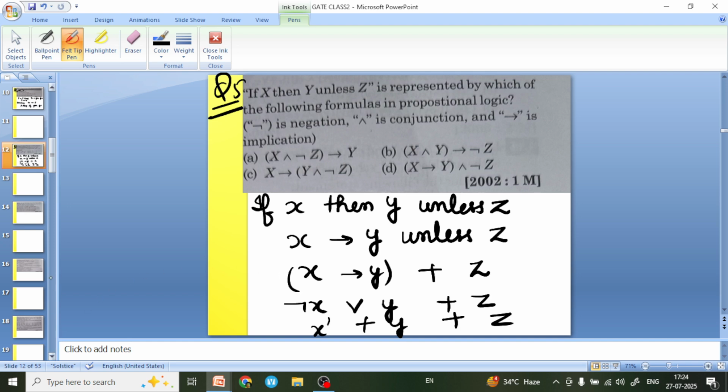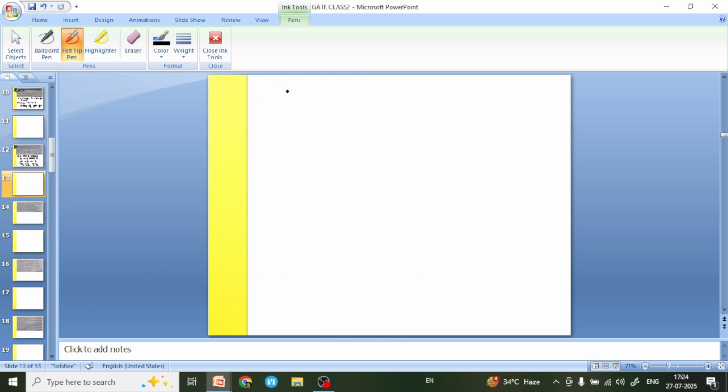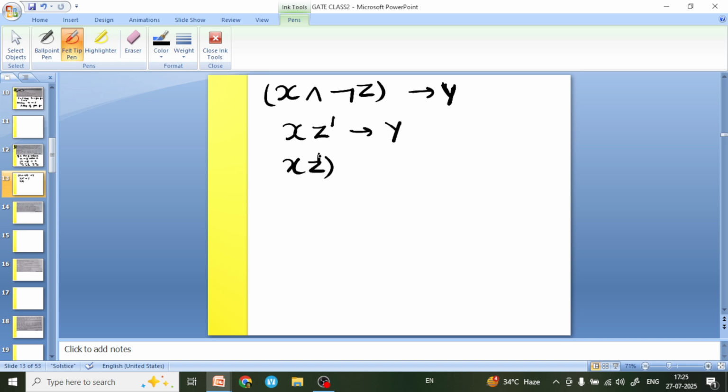Now we can see X and not Z implies Y. It means X Z dash implies Y. X Z dash whole dash negation, or means, instead of writing or we will write the symbol plus.